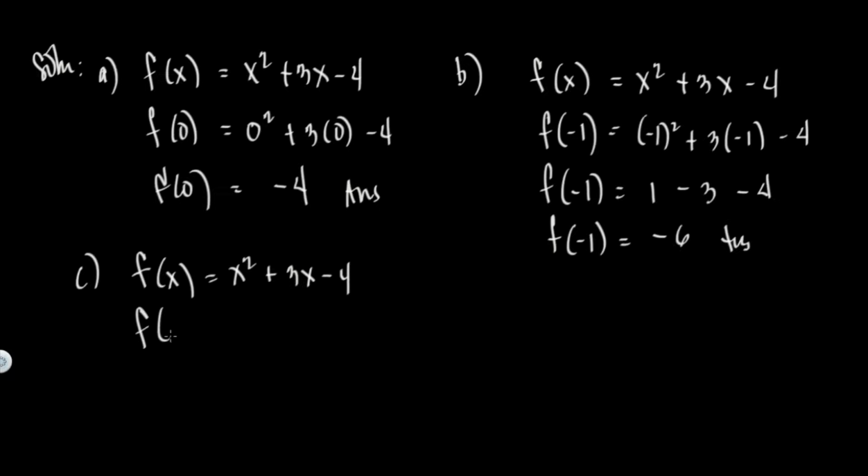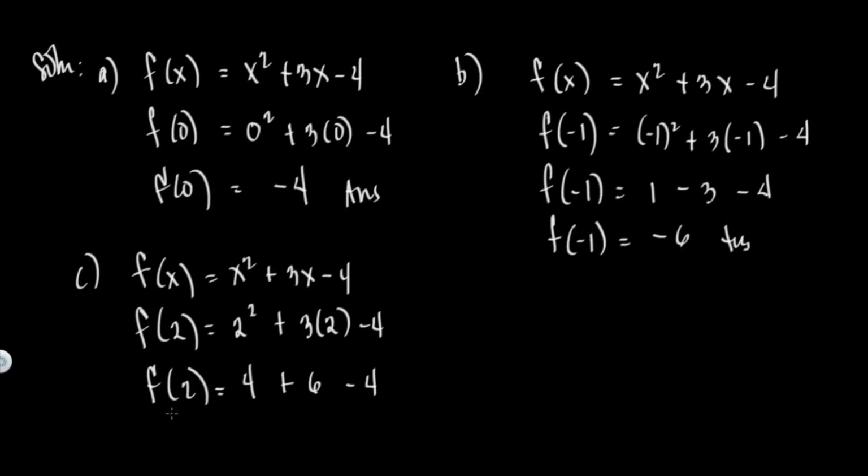Then, we solve for f of 2. 2 squared plus 3 times 2 minus 4. So, f of 2 is equal to 4 plus 6 minus 4. So, f of 2 is equal to 6. 4 minus 4 is 0, so plus 6. So, this is your answer. Easy, no? Easy. Yes. Easy.